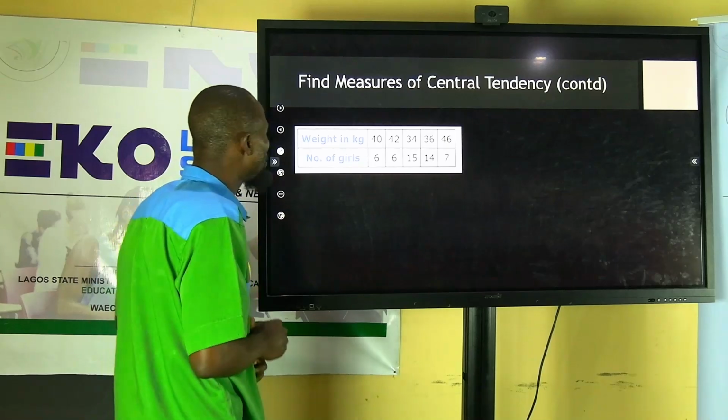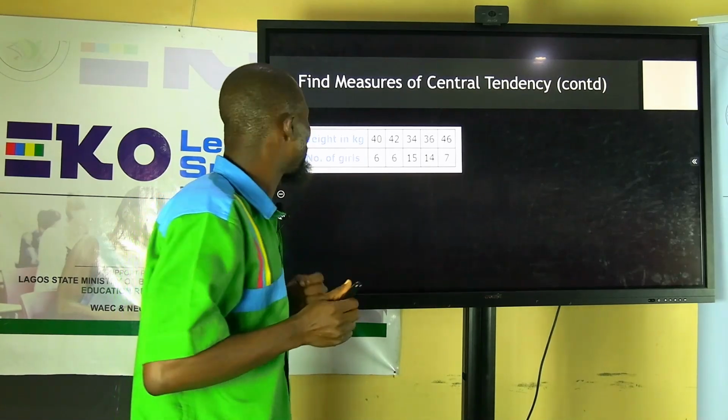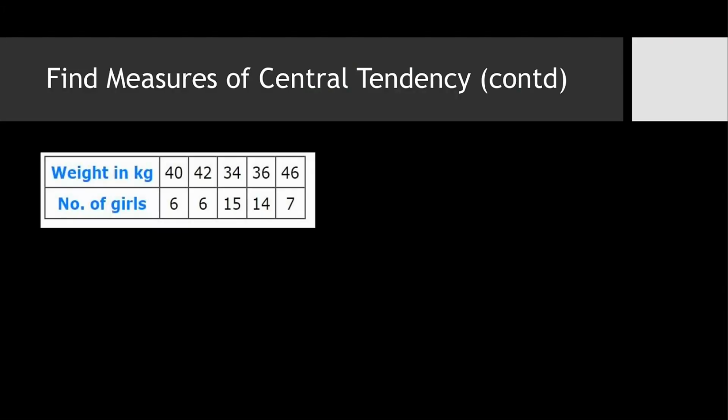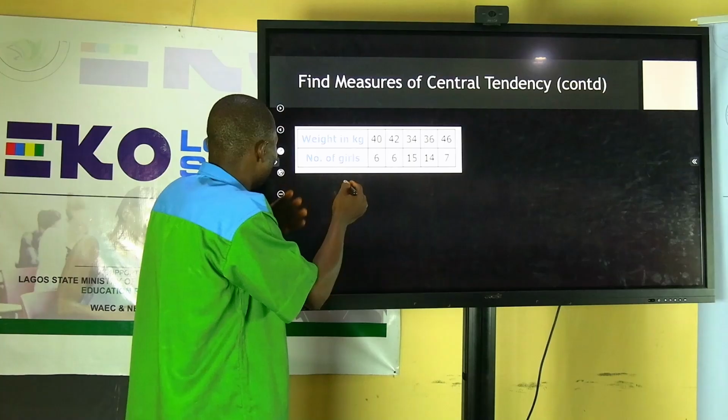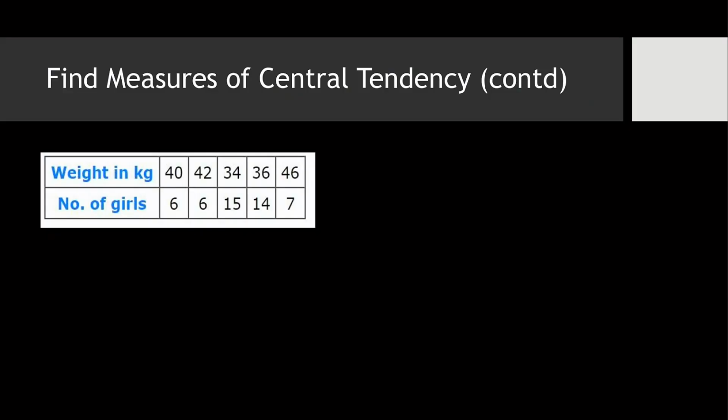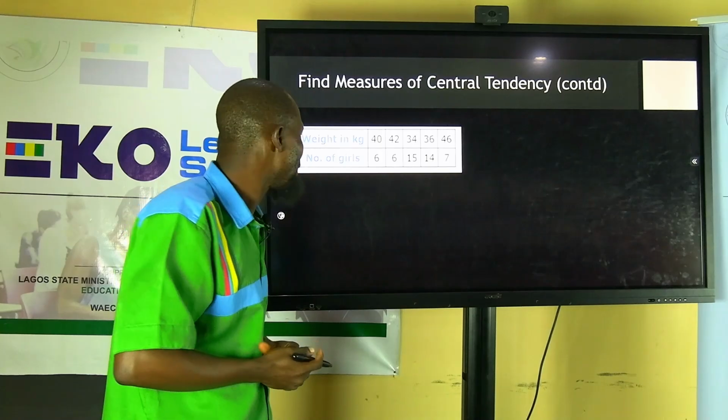Okay? Now, we need to also look at examples of a larger data. Look at this. We have the weight given as weight in kg. This data here represents the weight of some girls in a particular class.